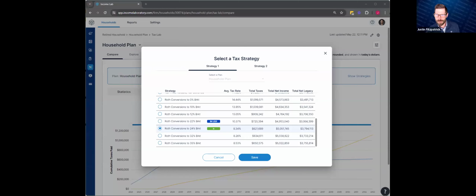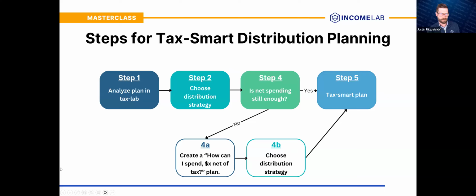So let's go ahead and just quickly go over the tax planning process with everyone, so that they can connect it to those other diagrams that we started with from the first 3 sessions.